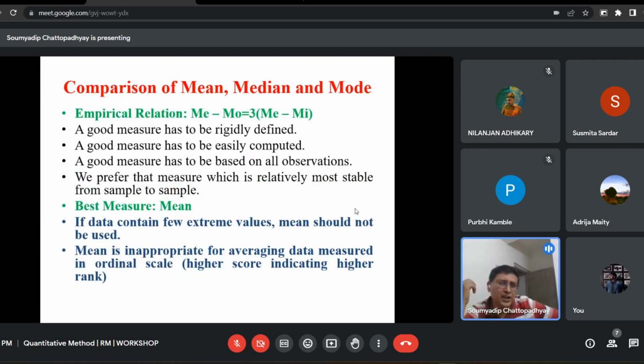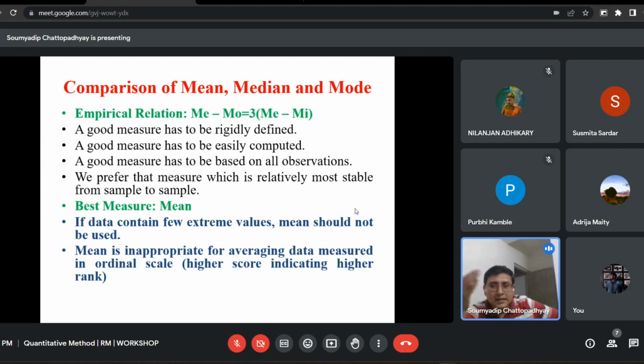Now, these relations we generally use in statistics, but any good measure, as you know, has to be rigidly defined, easily computed, and based on all observations.